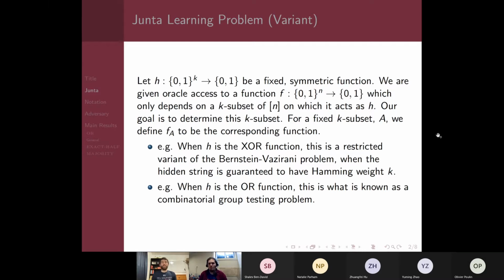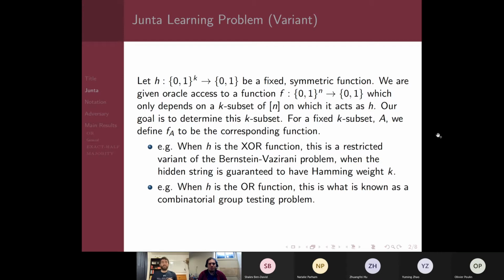So our goal is to determine this k subset, right? We're allowed to query f, and we're trying to figure out which subset of the inputs are actually the important ones that f actually considers. For a fixed k subset A, we'll define f sub A to just be the corresponding function. For some examples that they gave in the paper, when h is the XOR function, this is just a restricted variant of the Bernstein-Vazirani problem.